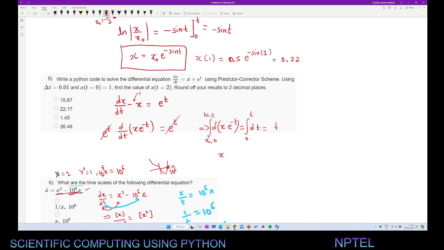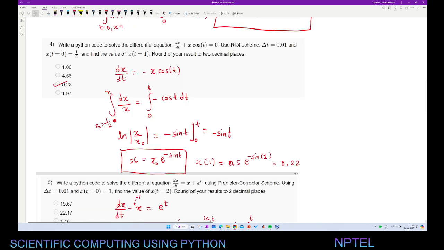So this is x e to the power minus t minus x0, which is 1, is equal to t. So you get x e to the power minus t as 1 plus t, and take this exponential to the other side. So it is 1 plus t times exponential of t. Okay.